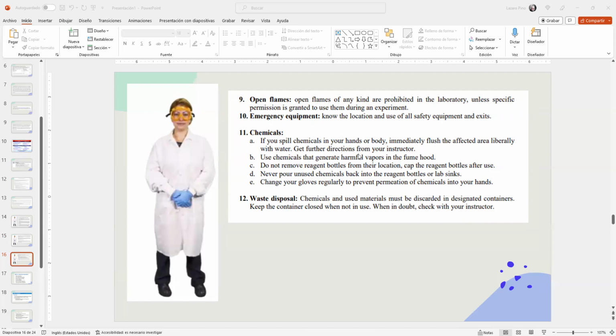It's very important to use the fume hood when the chemicals produce vapors, and do not remove the reagent bottles from the place where they are.